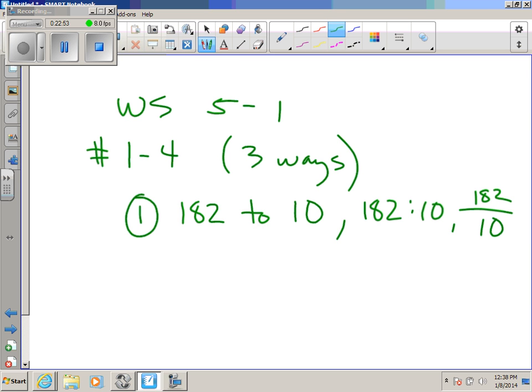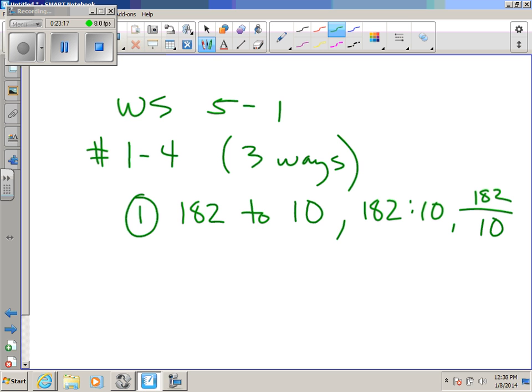Room 202, 8 chicken to 17 pasta, and room 203, 16 chicken to 10 pasta. So number 5, in room 201, what is the ratio of students who prefer chicken to those who prefer pasta? If that's how they write it, chicken to pasta, those are the values you put in that order. So what is it for room 201?